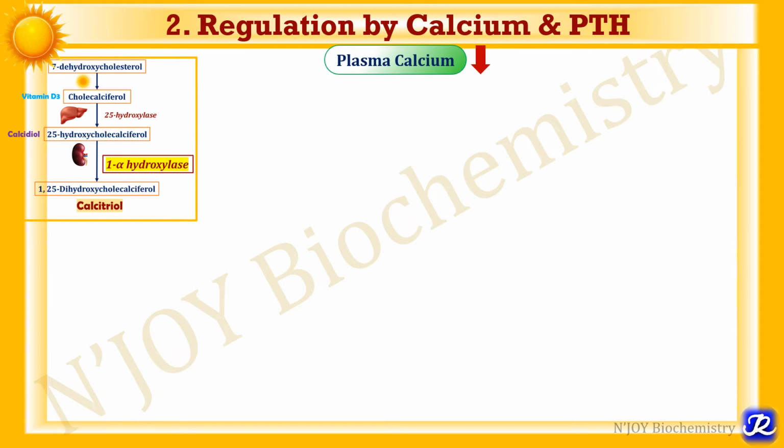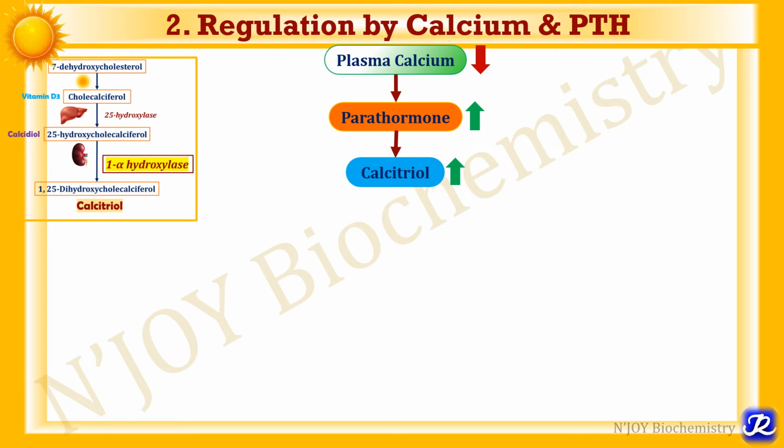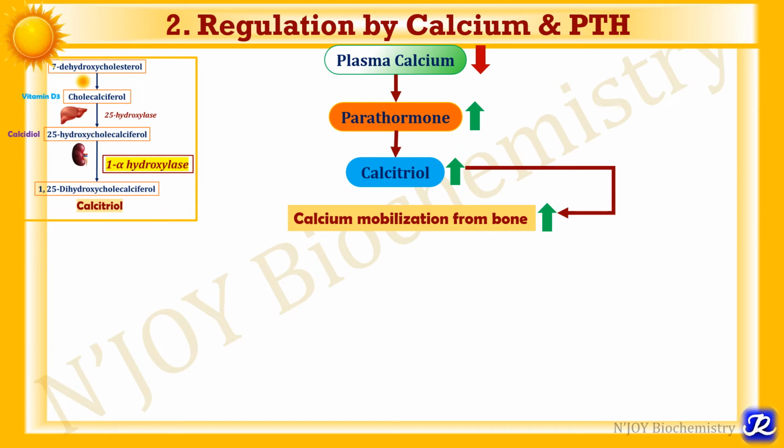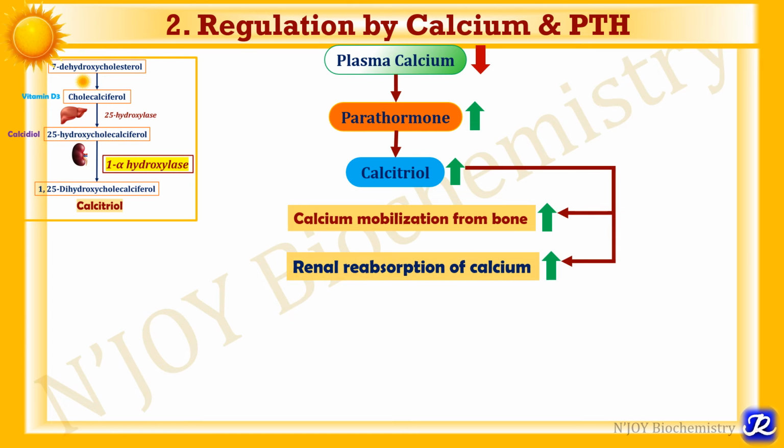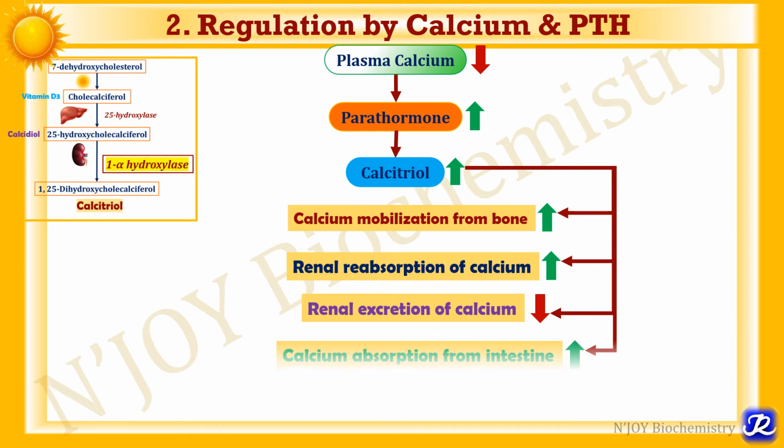So whenever there is decreased plasma calcium, there is release of parathyroid hormone from the parathyroid glands, and there is more production of calcitriol because parathyroid hormone activates 1-alpha hydroxylation in the kidney, and this calcitriol has direct actions: it increases the calcium mobilization from bone, it causes increase in the renal reabsorption of calcium, it reduces the renal excretion of calcium, and it increases calcium absorption from intestine.